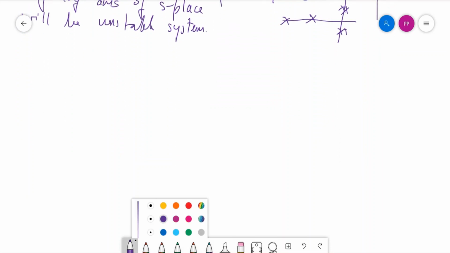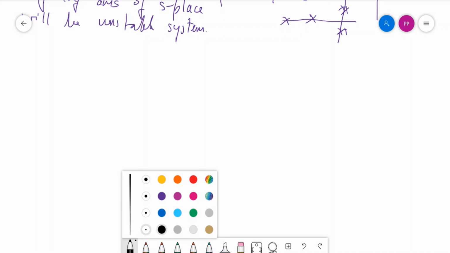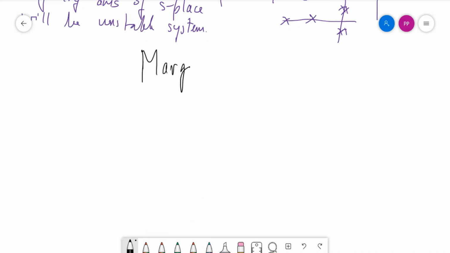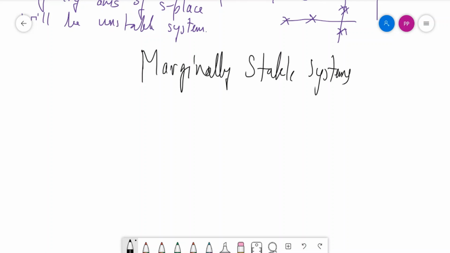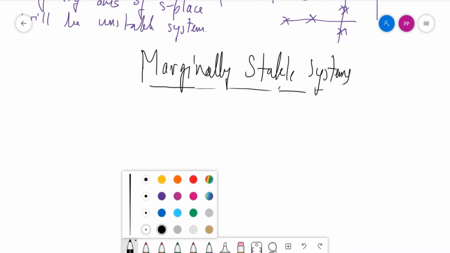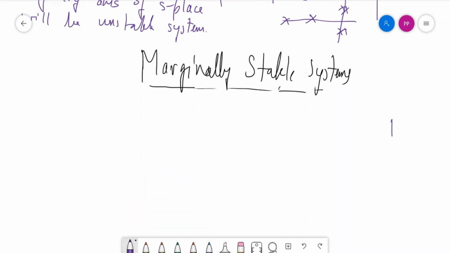How will we see the marginally stable system? Let us see the S-plane where we have, suppose, non-repeated roots. If it is only one pair, you will see a system like this. Input is there, then there will be sustained oscillation throughout like this.